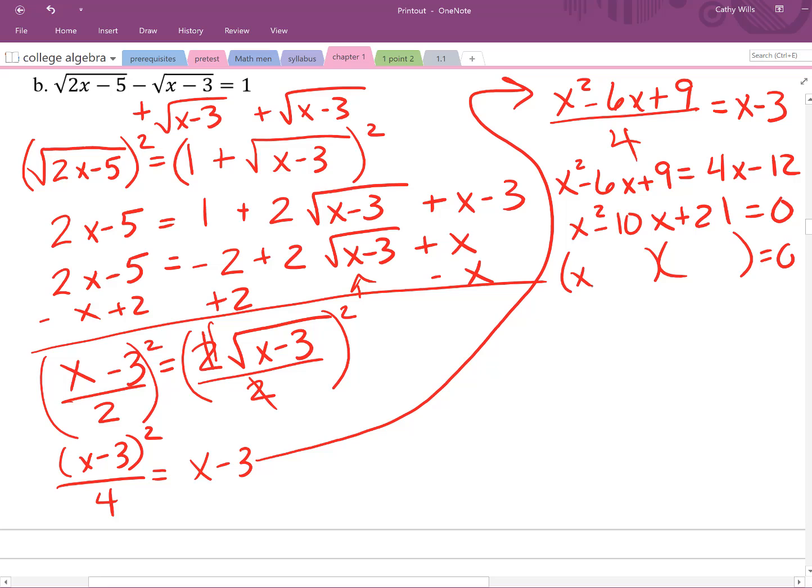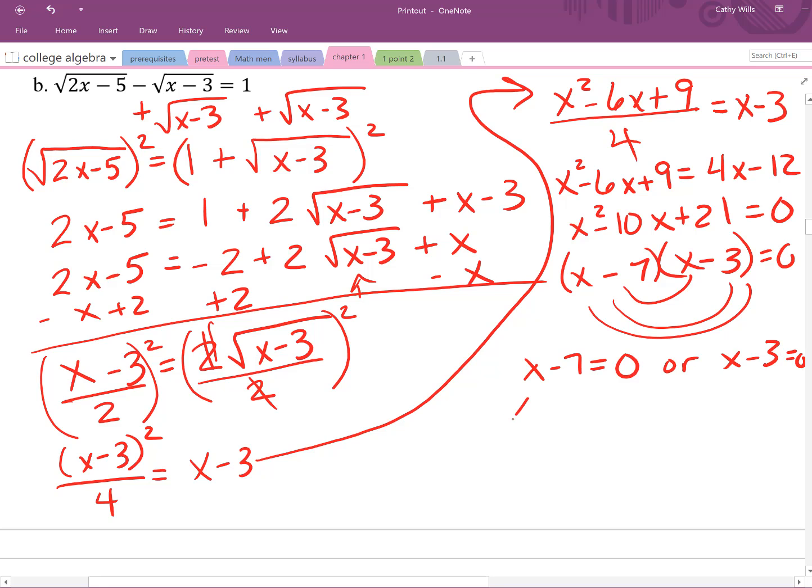So 7 and 3, subtract both of them and you'll get your negative 10 here and your positive 21 there. So these two things multiply together give you 0, which means x minus 7 is 0, or x minus 3 is 0. So x is 7 or x is 3. These are the two possible solutions for the original equation.